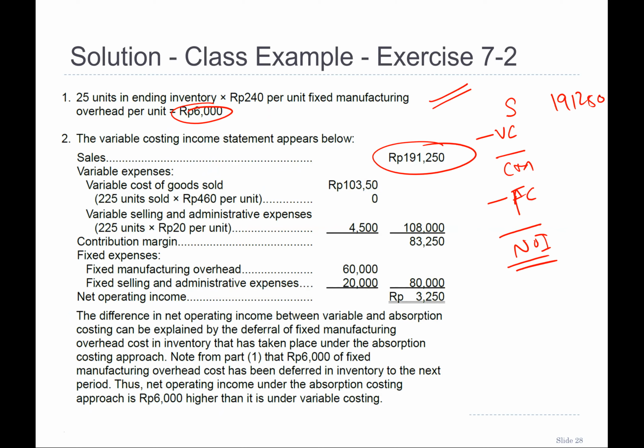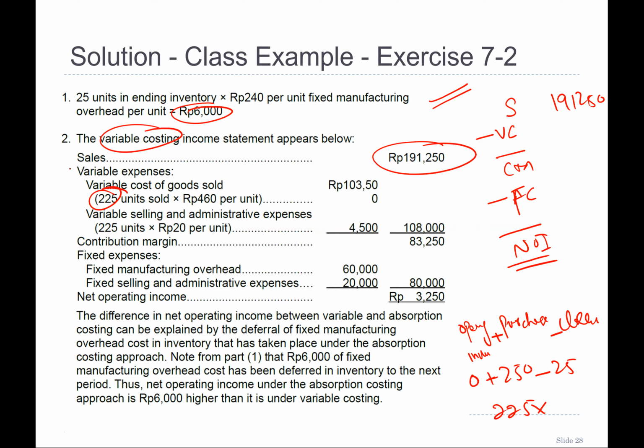And what is the cost of goods sold? Opening inventory plus purchases or production minus closing. So opening 0, production 250 minus closing 25, 225, which is equal to units sold. Multiply by variable costing. In our 7.1 we found variable costing is 460.